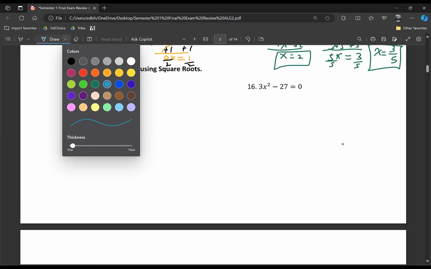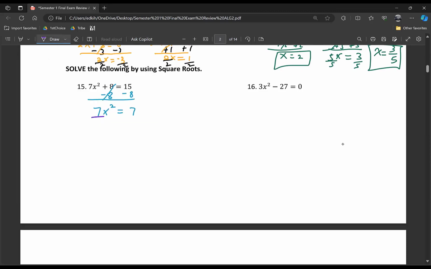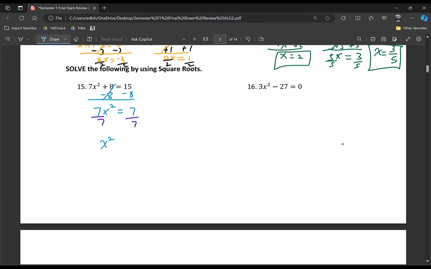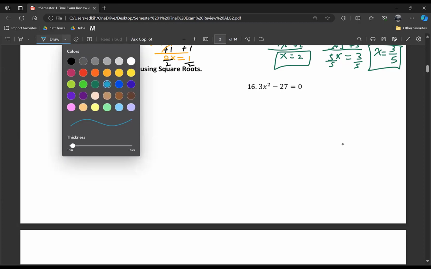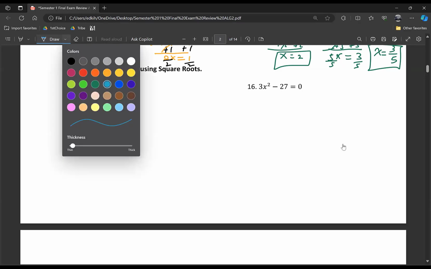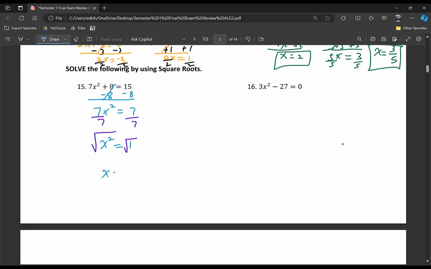The next move is you're going to divide both sides by 7, like so. So we end up having x squared equals 1. Now you want to get x by itself, so what you have to do is square root both sides. Now remember this, once you solve by square root, you need to do the plus or minus 1. So your answer is +1 and -1.